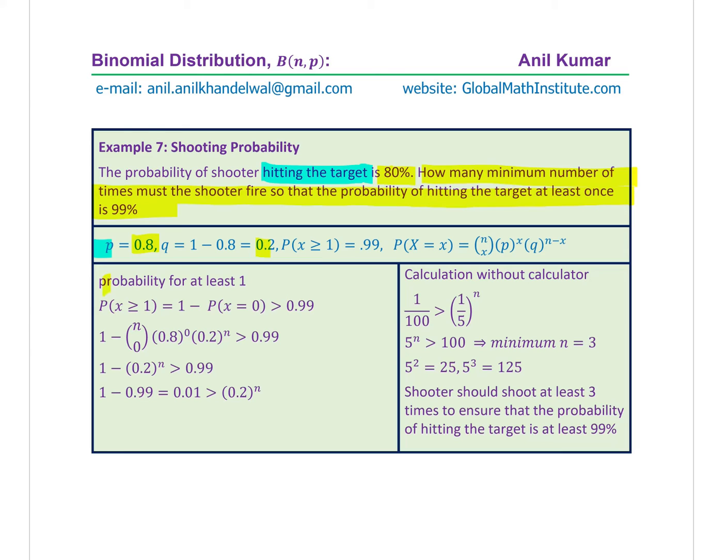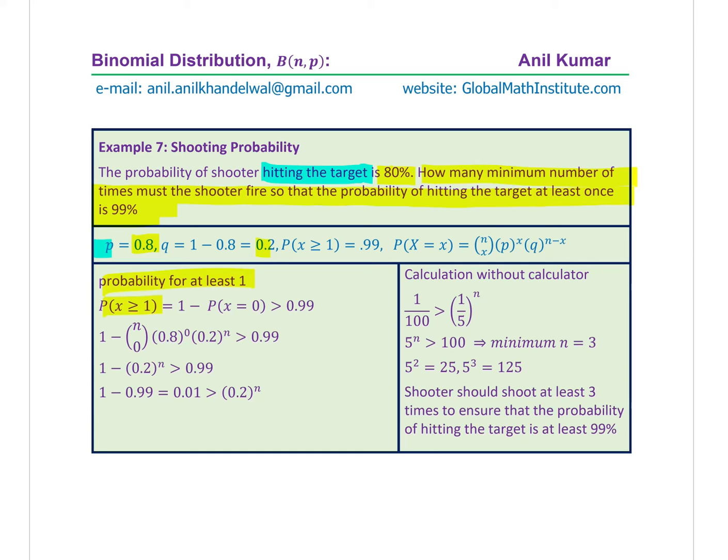So let's find this probability. At least once means if you fire 10 times, for example, then at least one shot is correct, right? So it could be 1, 2, 3, 4, 5, 6, 7, 8, 9, or 10. That's the whole idea. And that probability we want to be at least 99%. That is the question, right?